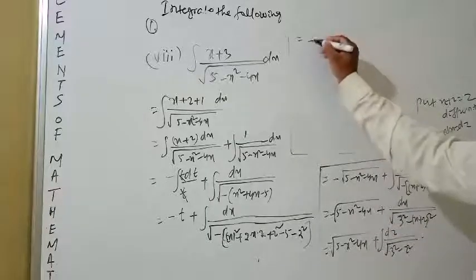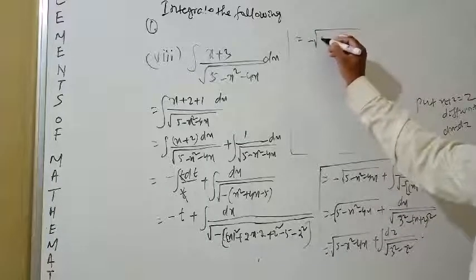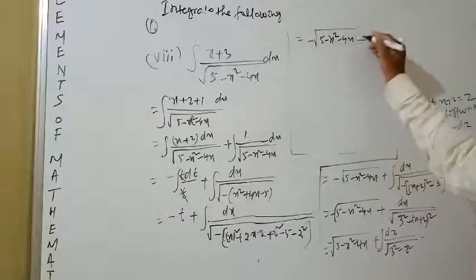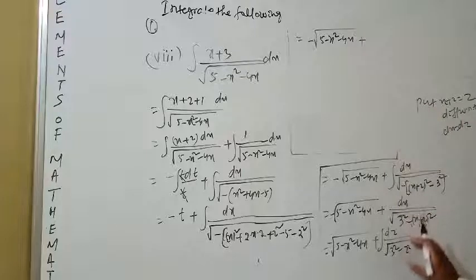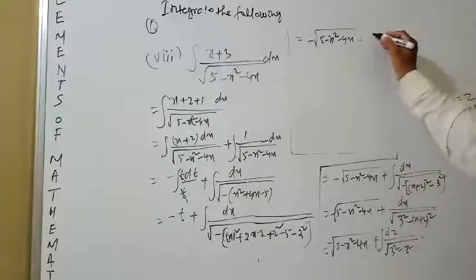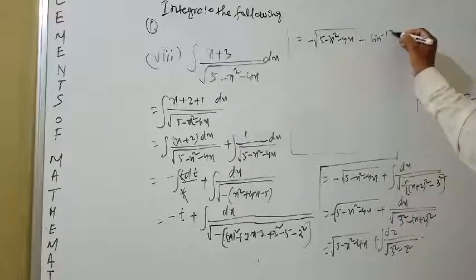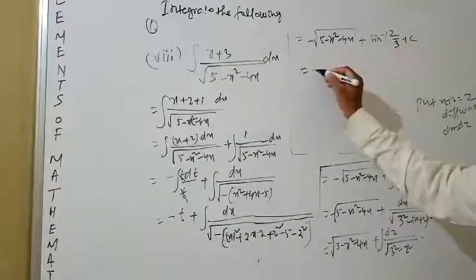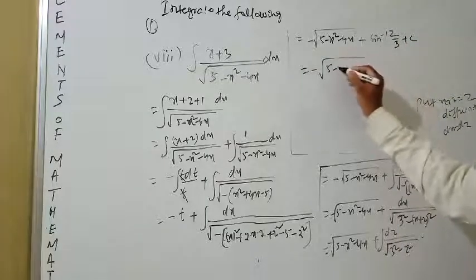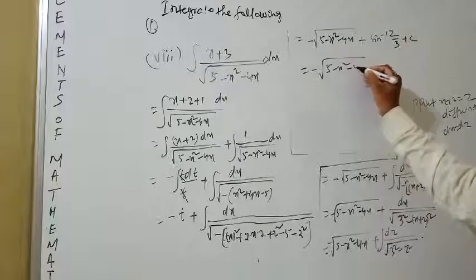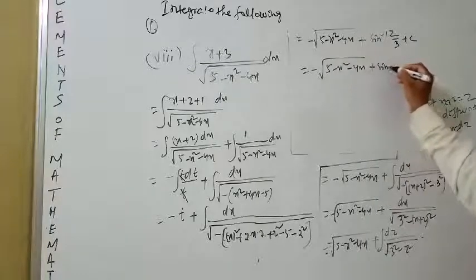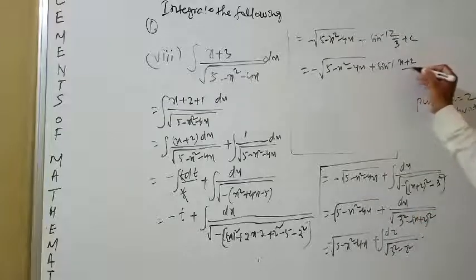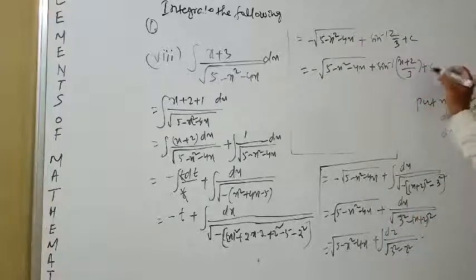Minus root over 5 minus x square minus 4x plus sine inverse z by 3 plus c, is equal to minus root over 5 minus x square minus 4x plus sine inverse of z, which is x plus 2 by 3, plus c. This is your answer.